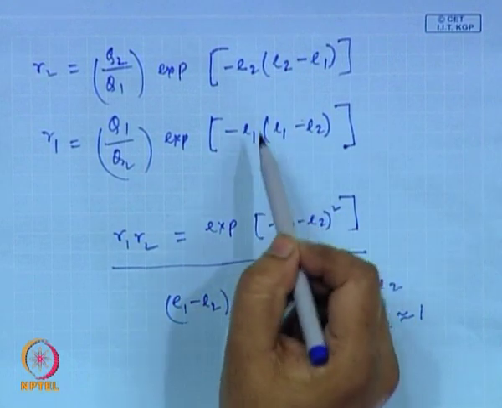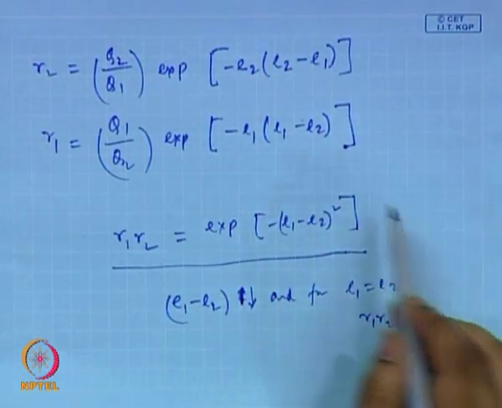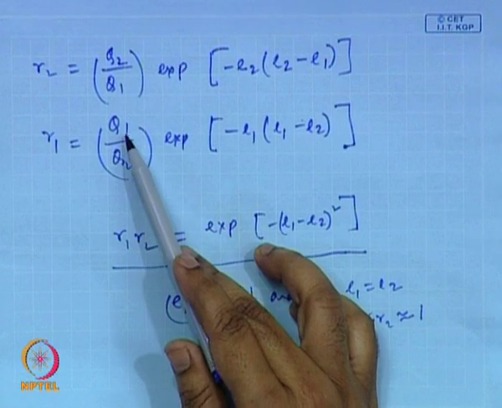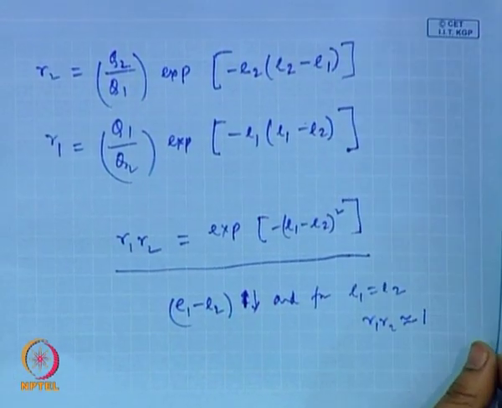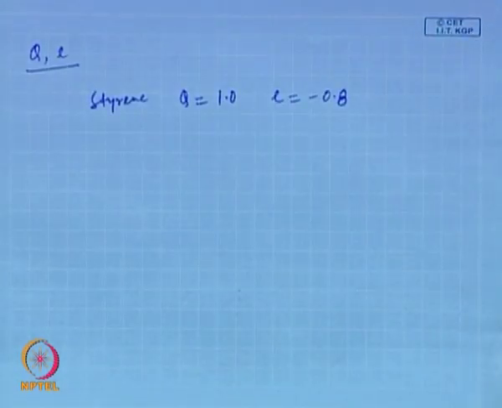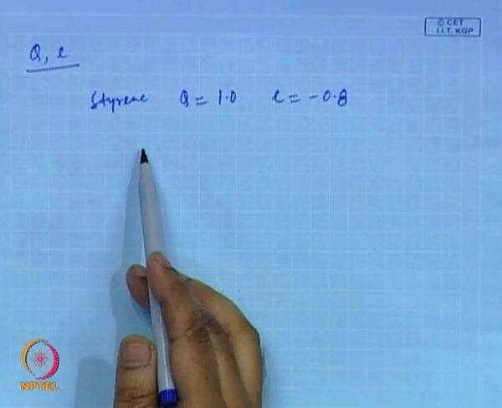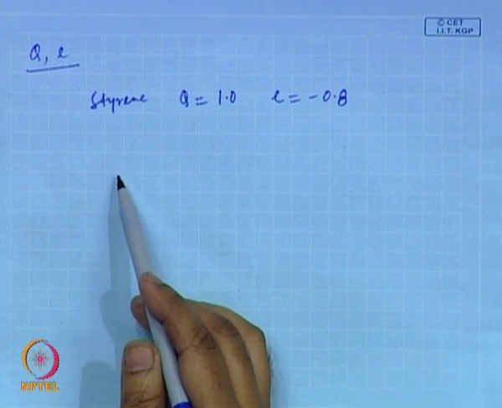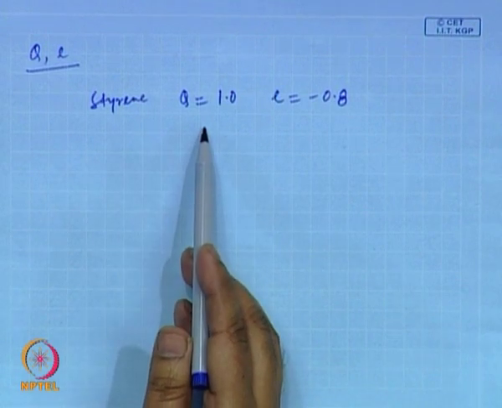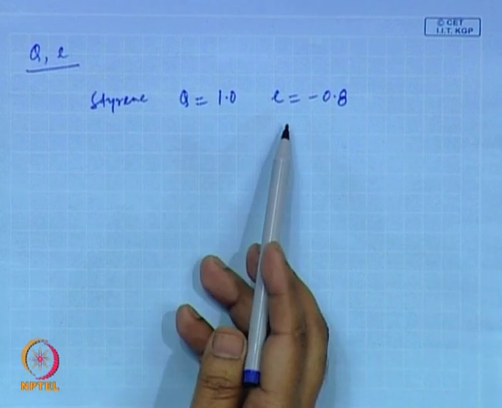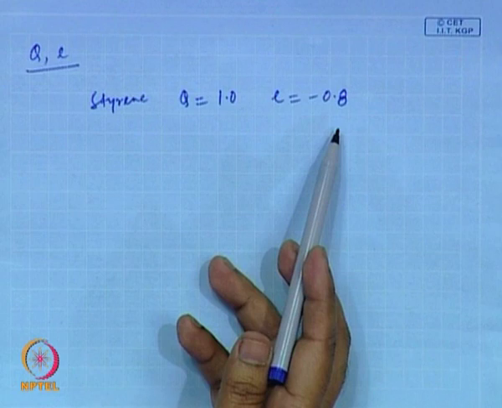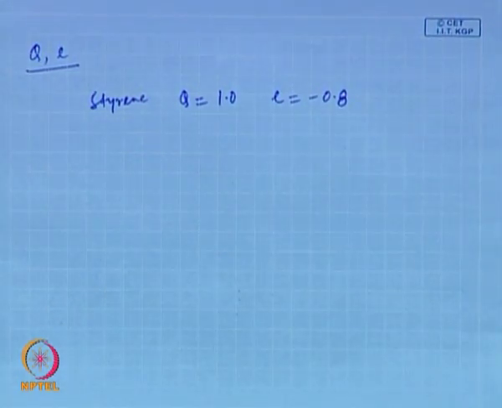So, using these two expressions, you will be able to find the values for Q2 and E2. So, monomers are copolymerized with styrene, and from the known values for styrene, Q equal to 1 and E equal to minus 0.8, you can get the unknown values for the second monomer.